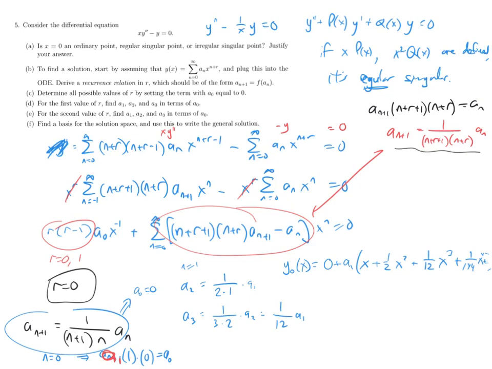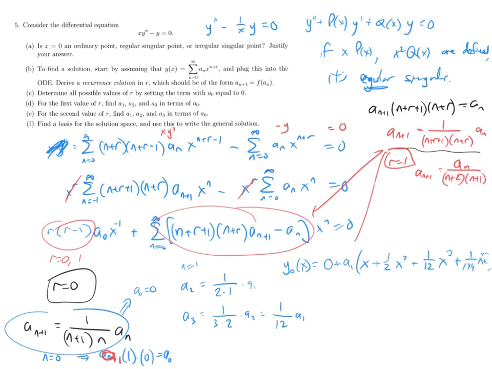When r equals 1, let's do this one in a different color. When r equals 1, it's worth writing the recurrence down again: a_{n+1} = 1/((n+2)(n+1)) a_n.